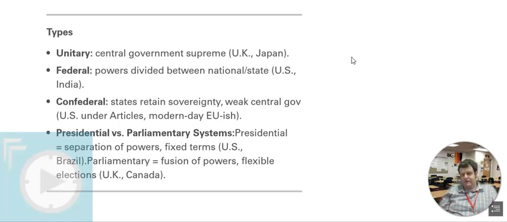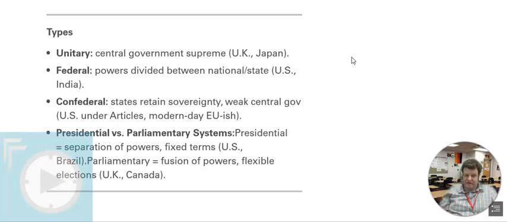More familiar to us in America is the federal system, where nation and state have a great deal of powers divided between them. There are some things that the states handle. There are some things that the nation handles. There are some things that the nation can overrule, and some things that the states can overrule. It gets complicated, it gets messy real quick. The United States, India, and I believe Mexico would be excellent examples of the federal system.